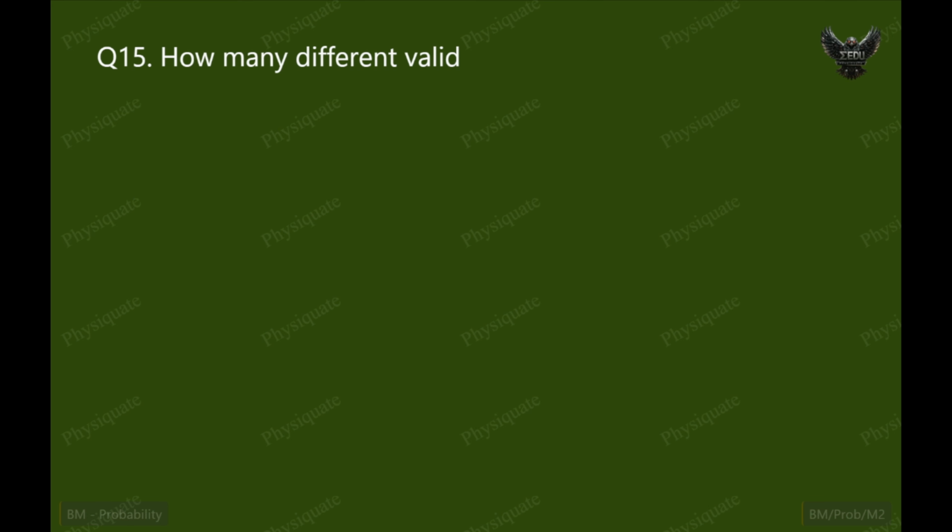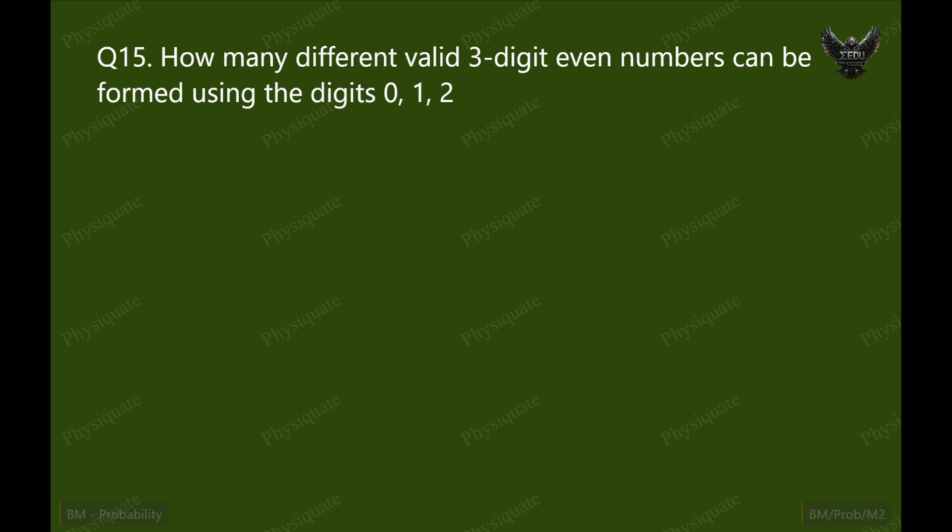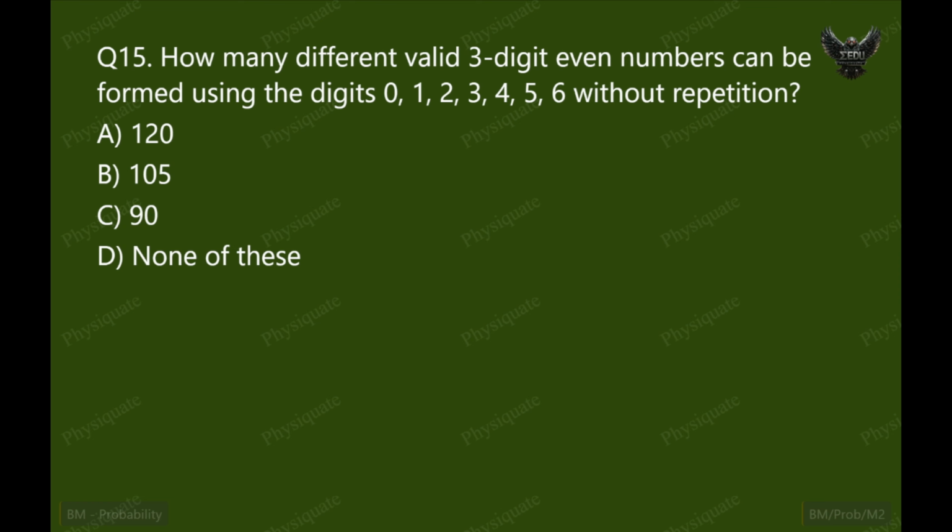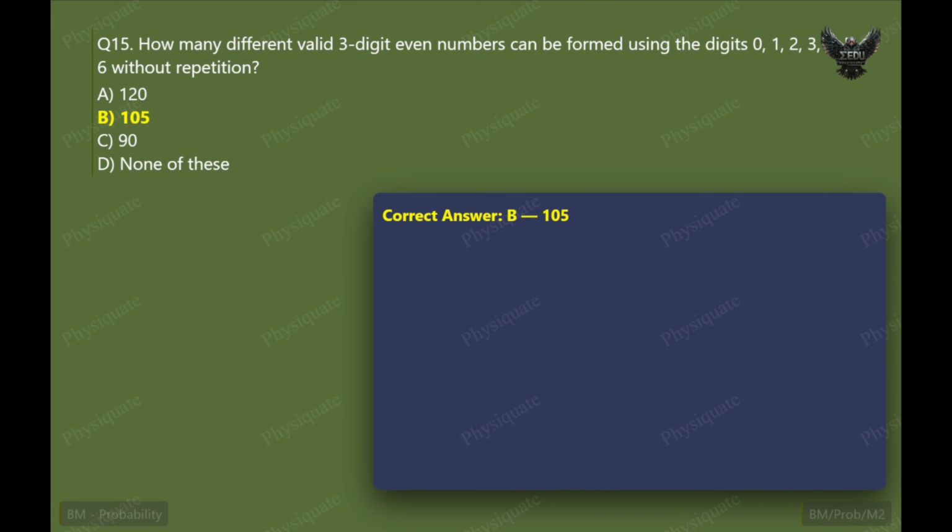Question 15. How many different valid 3-digit even numbers can be formed using the digits 0, 1, 2, 3, 4, 5, 6 without repetition? Correct answer is option B. A valid 3-digit even number must have its unit digit as an even number.